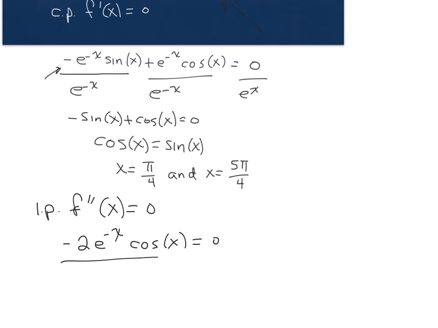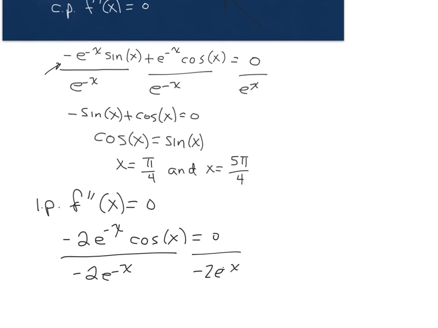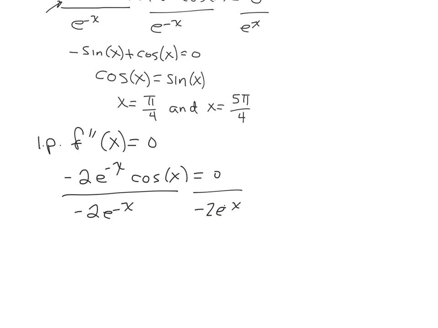I could divide out negative 2e to the negative x, and of course this just gives me where the cosine equals 0, again on the interval between 0 and 2 pi, and this occurs at x equals pi over 2 and at 3 pi over 2.